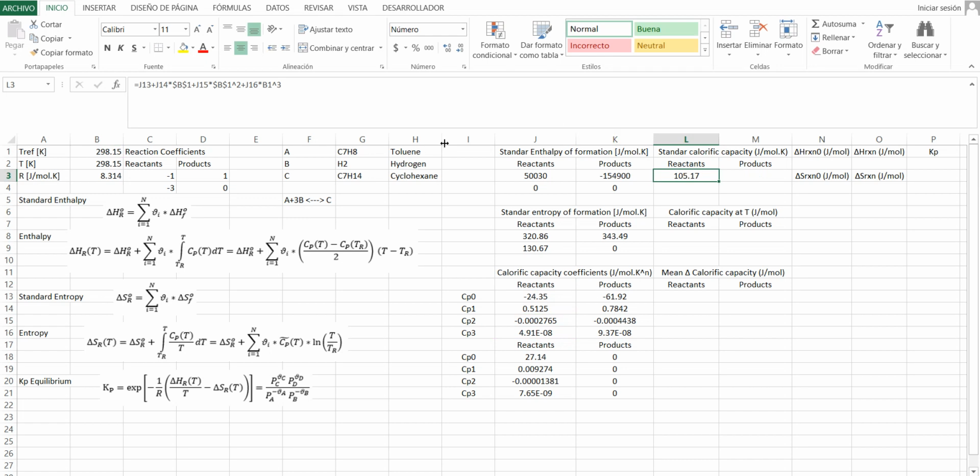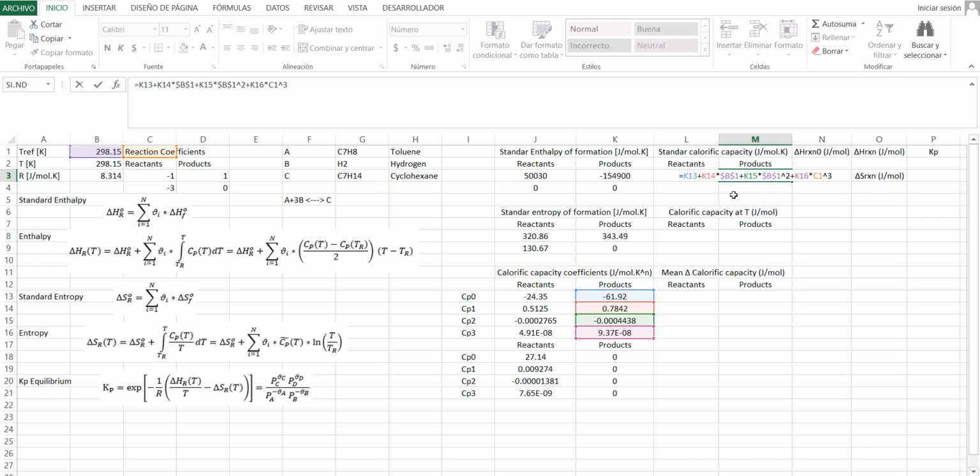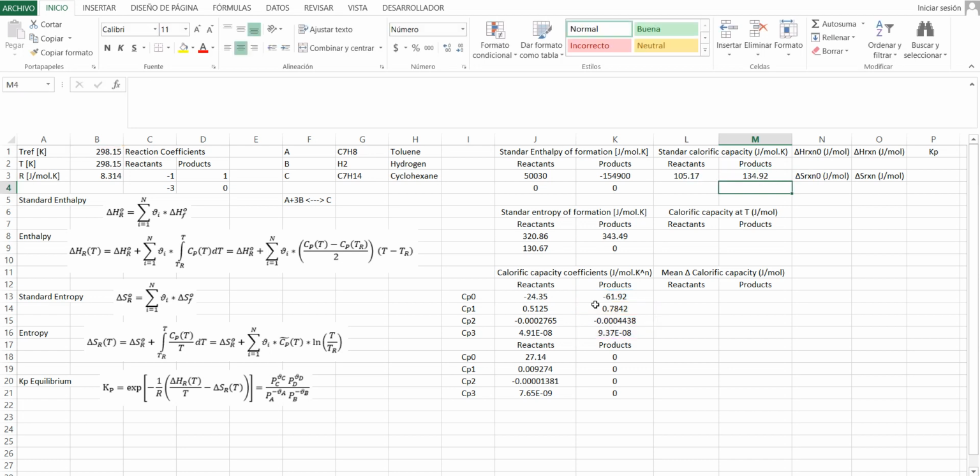So let's do the same, but this time for cyclohexane, one of the products. And this would be here. It's exactly the same equation. We just take each part of the polynomial and multiply it by the temperature raised to 0, 1, 2, or 3. That's why I just copy and pasted the equation. And that would be 134 joules per mole Kelvin. And let's finish it for hydrogen.